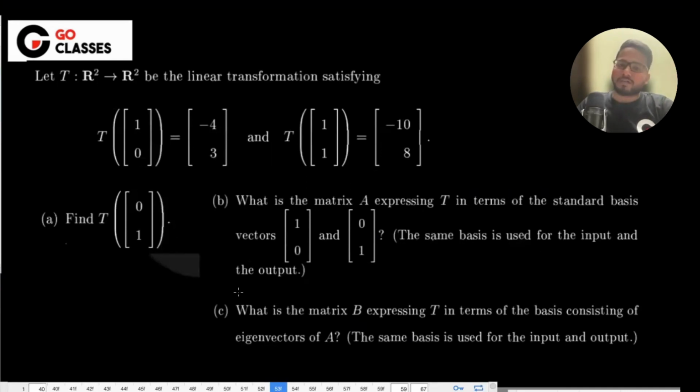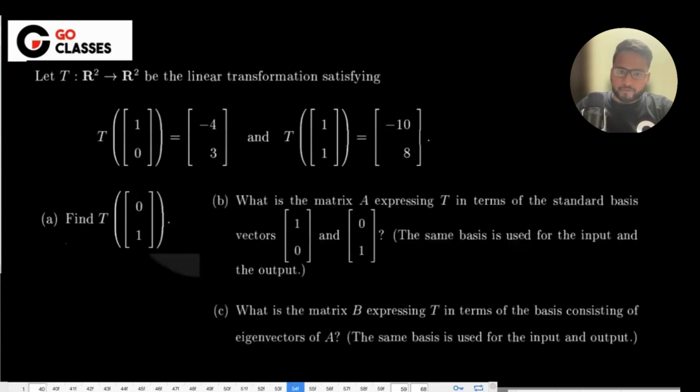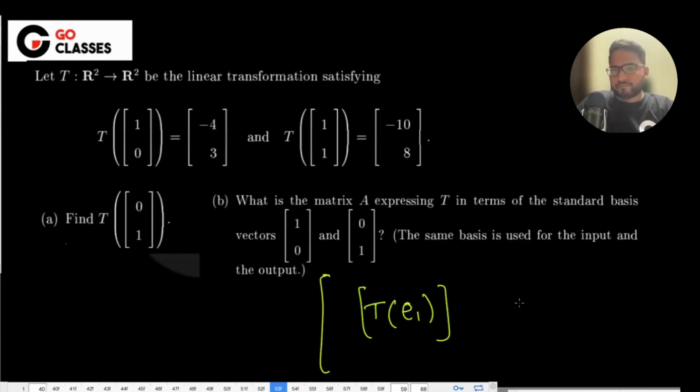So what is the answer? They're asking with respect to the standard basis. Isn't it easy? So this is the answer, right?